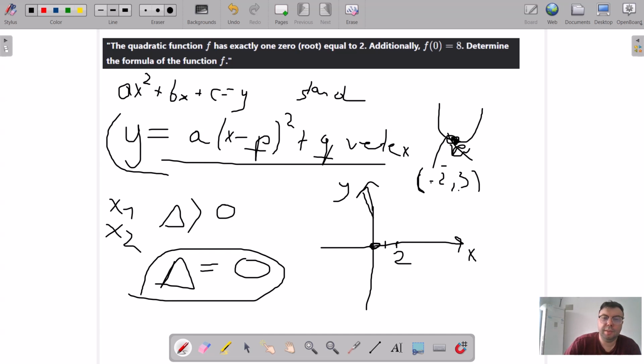We can draw it. We know that x is 2 because y equals 0.